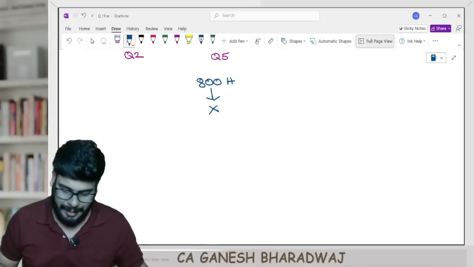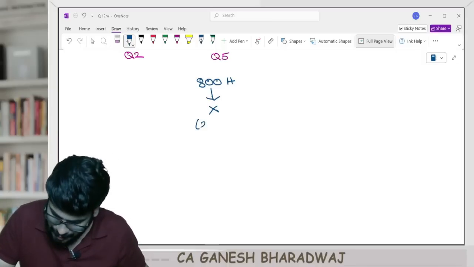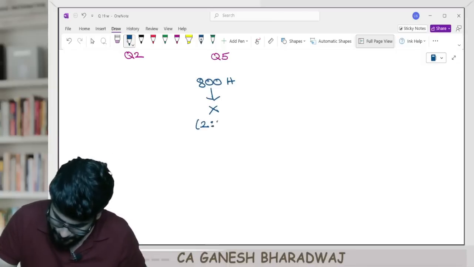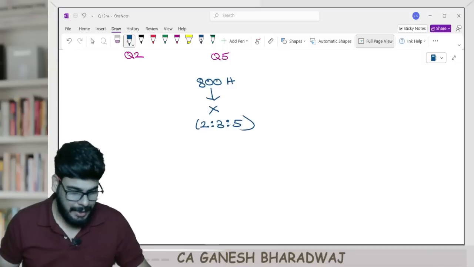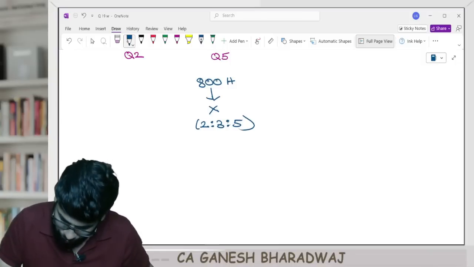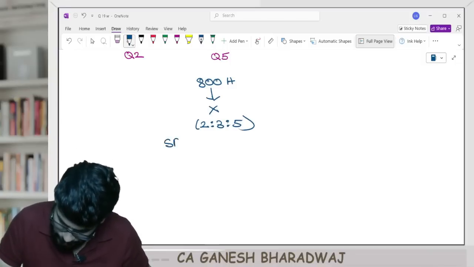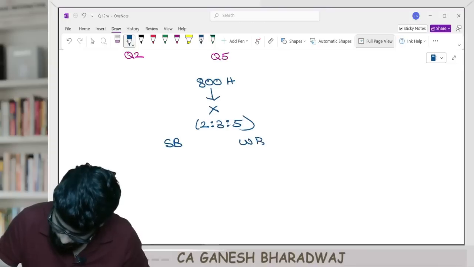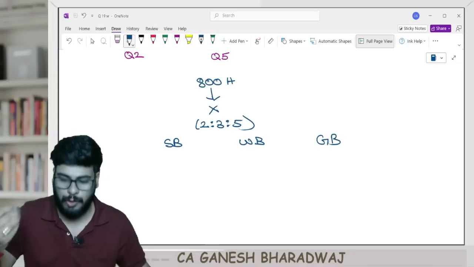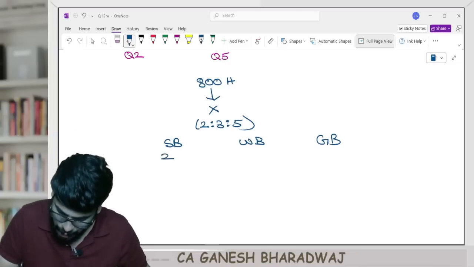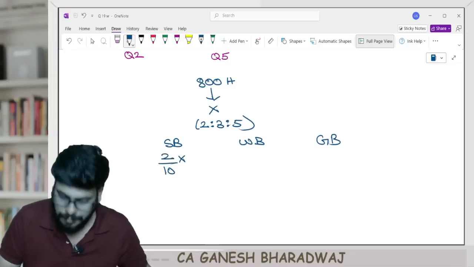So can I say this is being given in the ratio of 2:3:5, right? So can I say that the total units of school bags is going to be 2 by 10 into X. Correct?